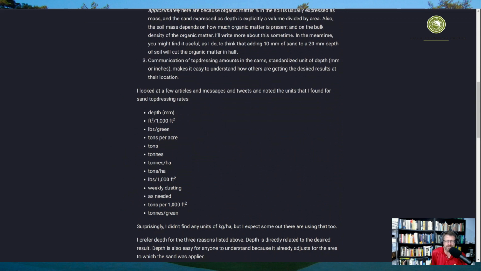So if you have 1,000 kilograms of sand, it's expected that sand generally will be 1.56 grams per cubic centimeter, or 1.56 kilograms per liter. So if you divide the mass of sand by 1.56, that will give us the volume of sand. And if we do that, I think it's going to be like 666.